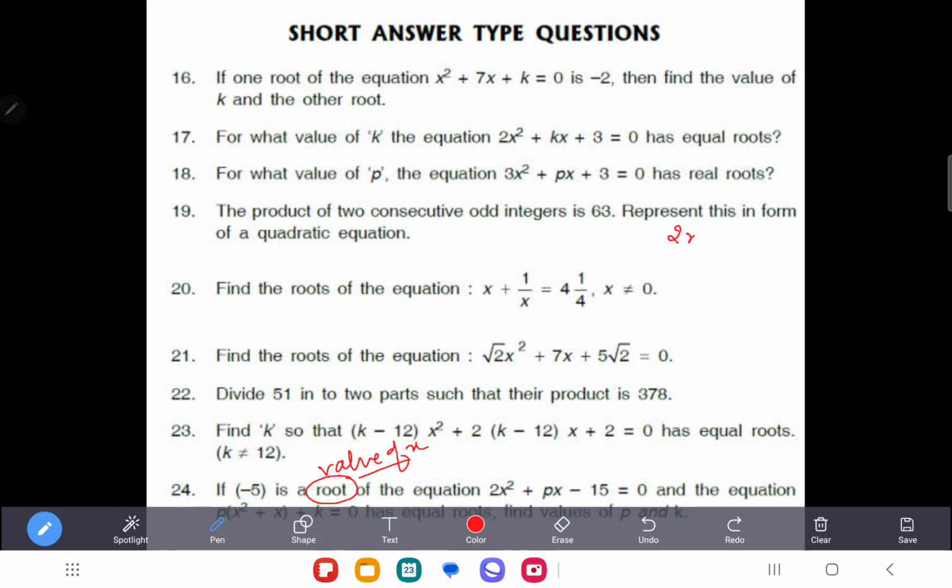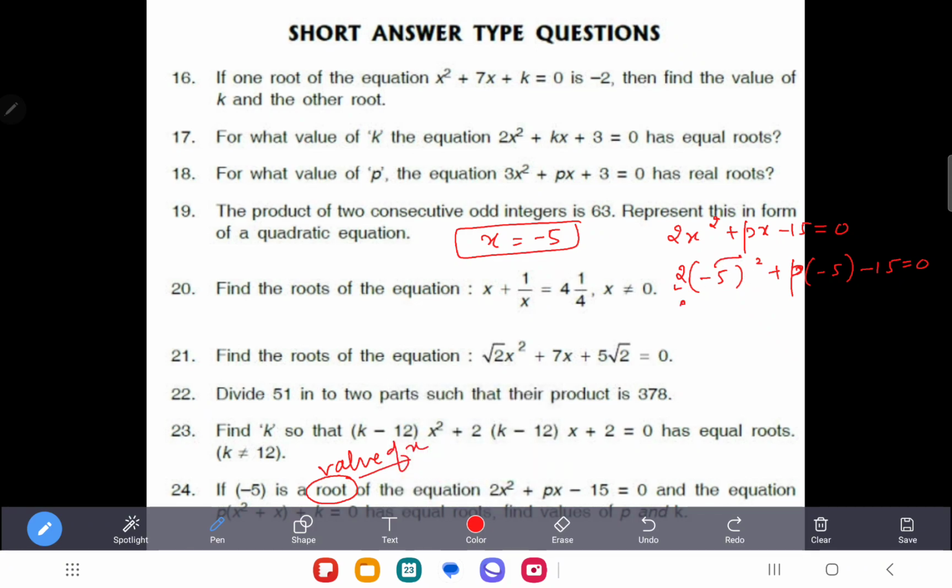So when you say 2x square plus px minus 15 equals to 0, isn't it? So you're going to put x as minus 5. So 2 into minus 5 whole square plus p into minus 5 minus 15 is going to be 0. So minus 5 squared shall be 25.